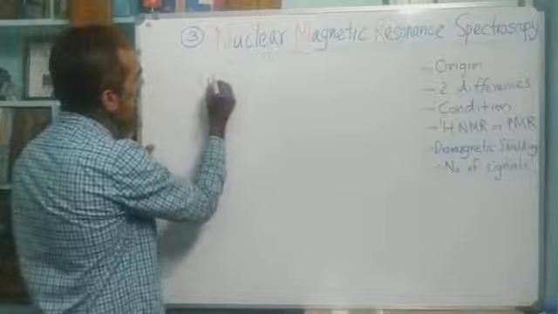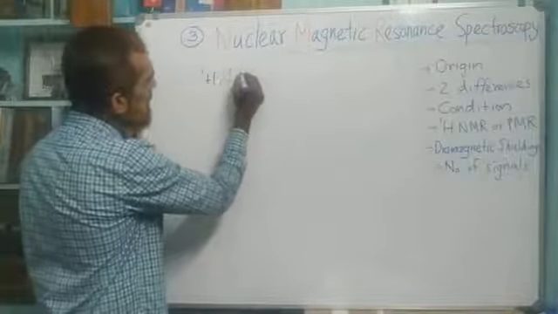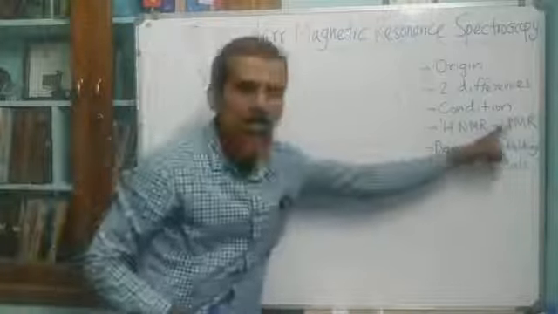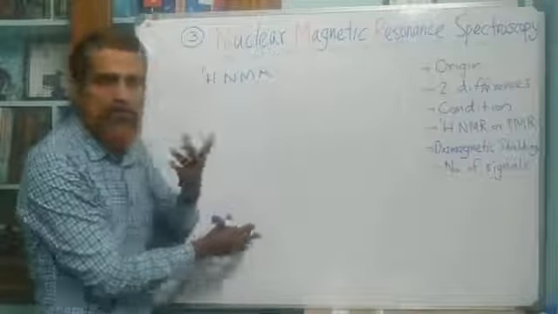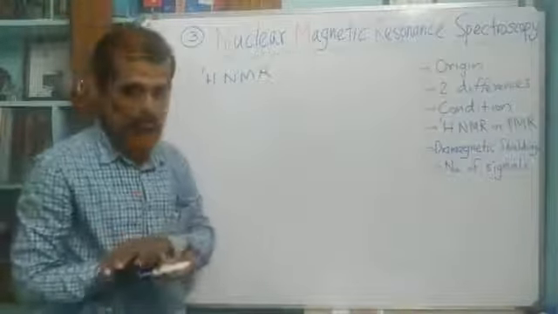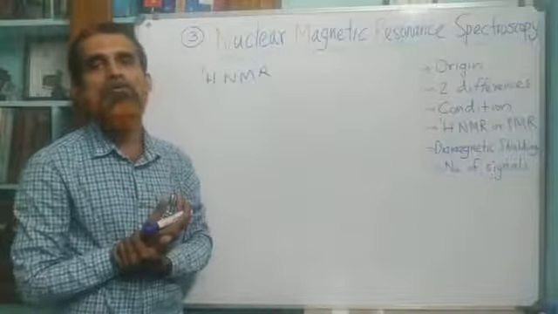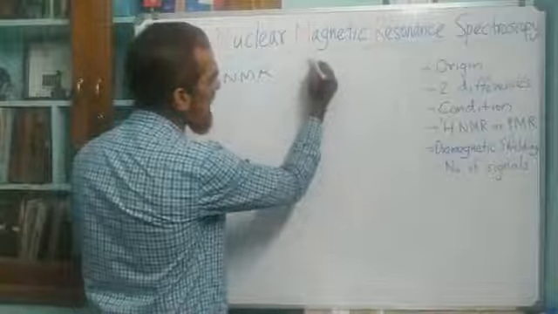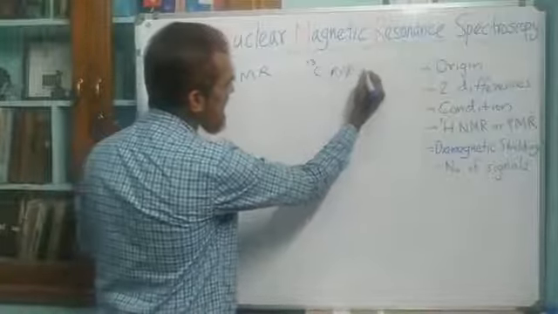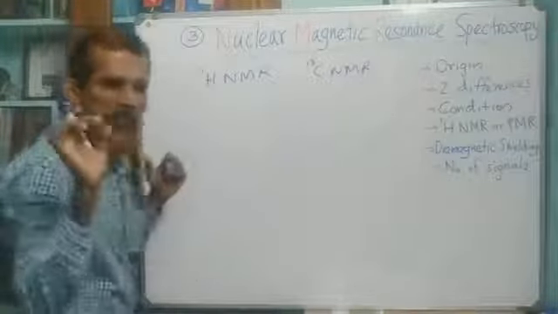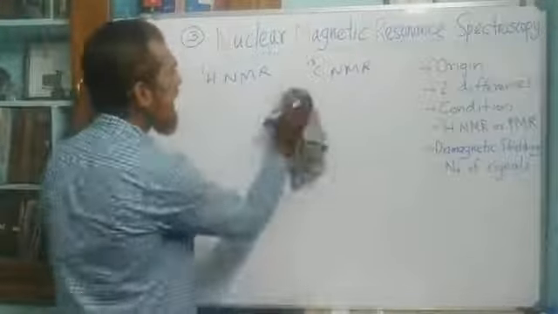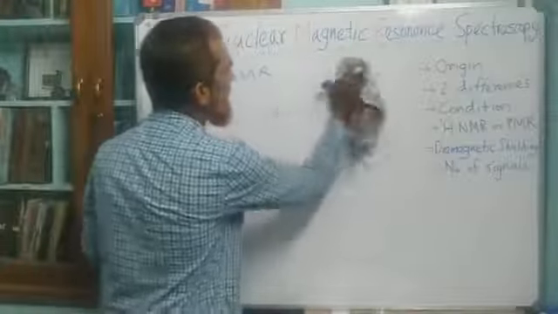It can be H1 NMR, also called proton NMR or PMR. Why? Because the nucleus of hydrogen is just a proton, there is no neutron. Another is C13 NMR, briefly discussed in the 5th semester, but not here. Here we have only proton NMR.